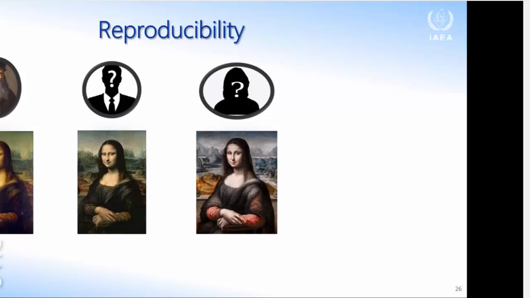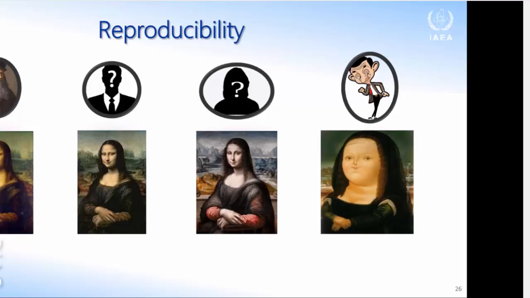Or if we have a customer with higher requirements, maybe this will not go on the market. However, this third author is pretty far from the original. There is a lot of variability in this picture, and to sell it, maybe we will require a different kind of customer. So we can say that reproducibility is pretty low in the last example.